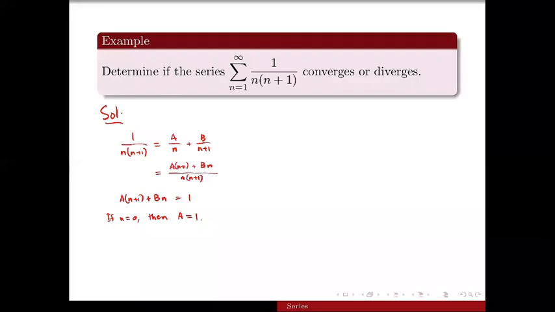And if n equals negative 1, this guy here will be equal to 0, since negative 1 plus 1 is 0. So you'll have negative b equals 1, or b equals negative 1.